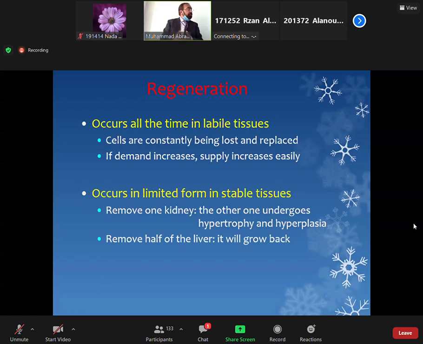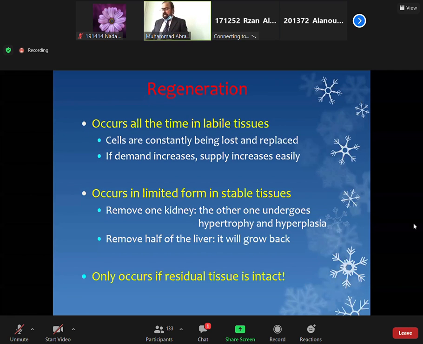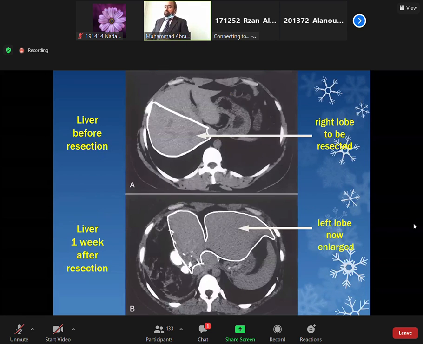God has given the liver this opportunity to do things quickly. This only occurs if the residual tissue is intact, and this is important. If you see this picture, it shows that if you remove this portion of the liver, in the lower picture this portion will never develop, because there is no normal system, no stem cell there.